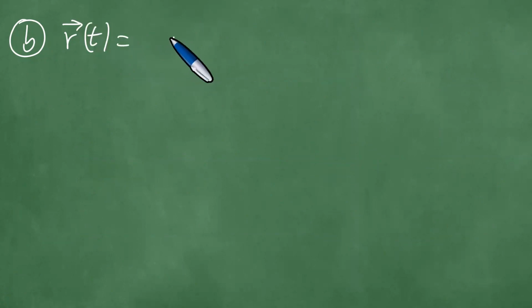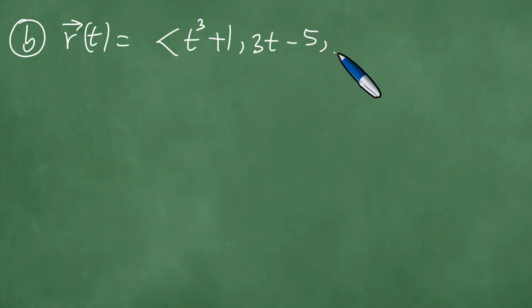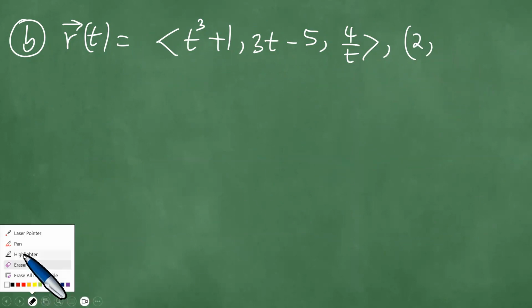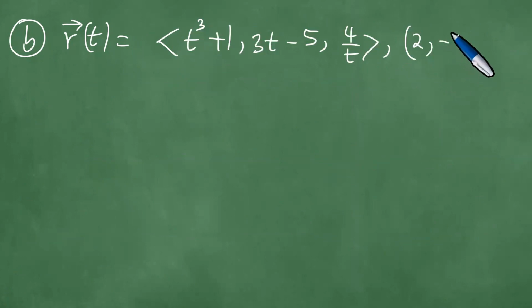The vector R is given with the pointed brackets, t cubed plus 1, 3t minus 5, 4 over t, at the point 2, minus 2, 4.